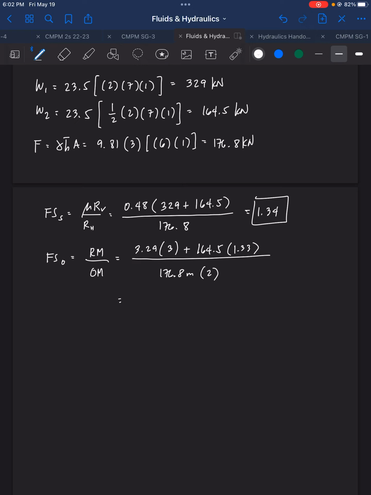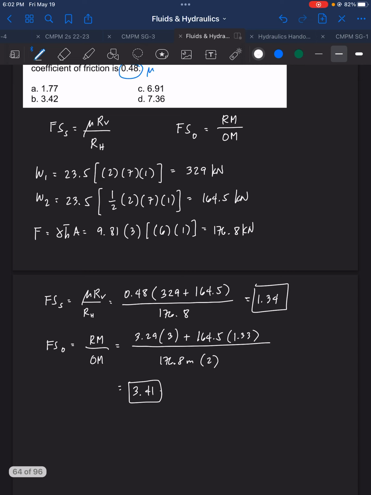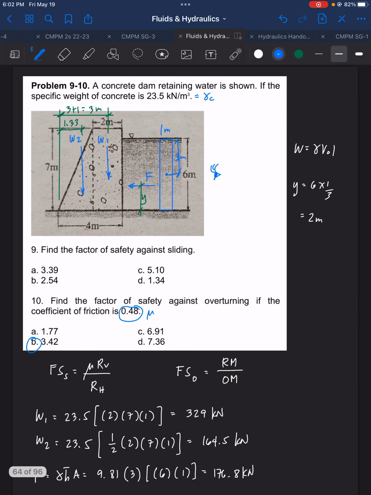So the answer here is 3.41 and it's unitless. The answer that is nearest is letter B, 3.42. So that's for number 9 and 10.